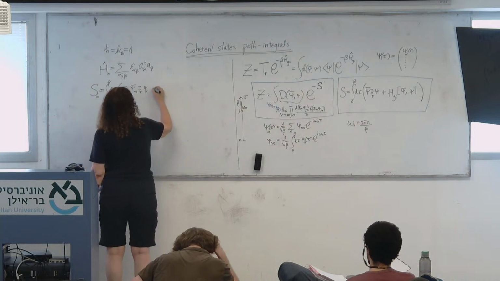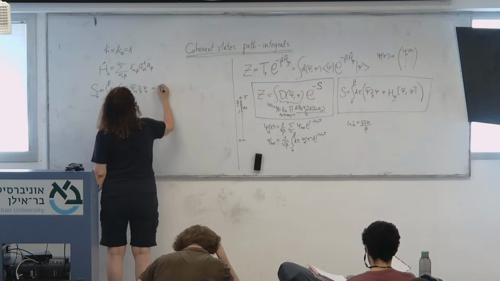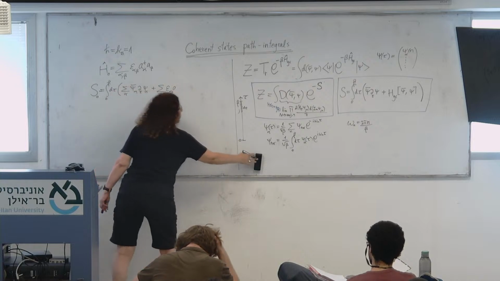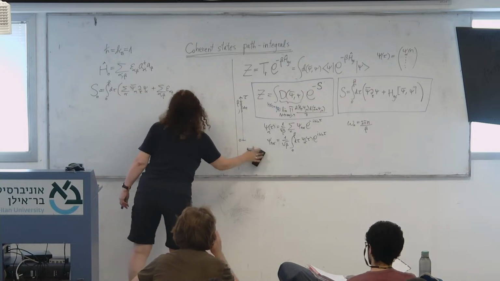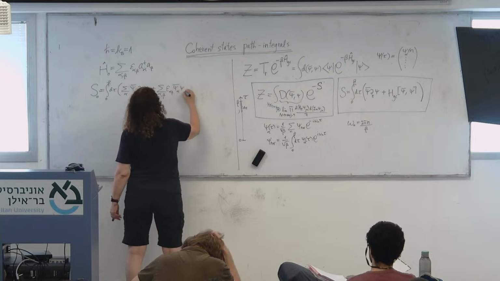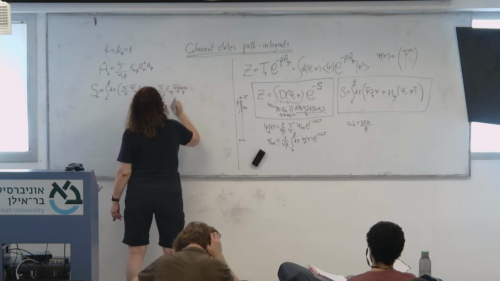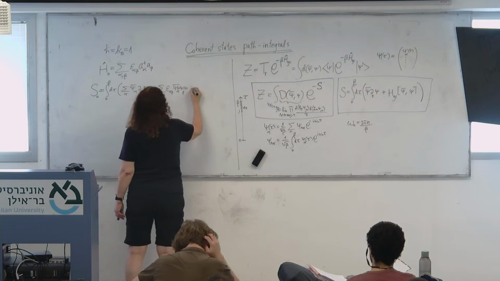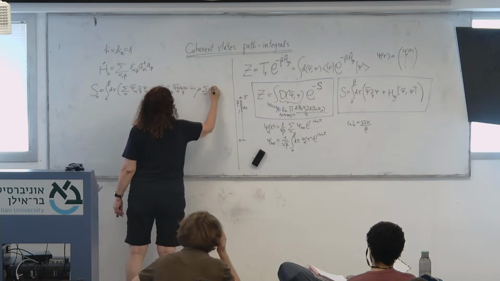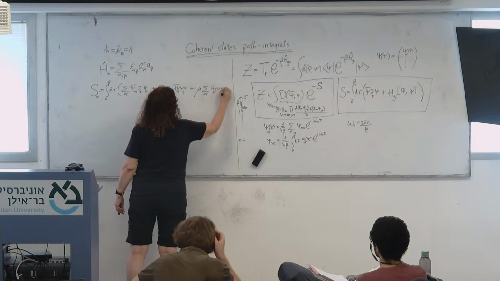And then I have plus the sum over alpha beta of epsilon alpha beta psi bar alpha psi beta, and both of them are local functions of tau, and minus mu sum over alpha psi bar alpha psi alpha.